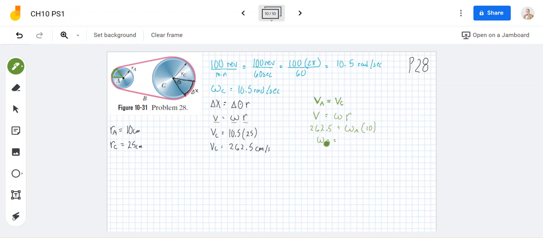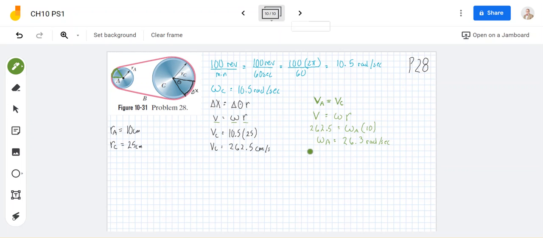So the angular speed of A is going to be, call it, 26.3 radians per second.